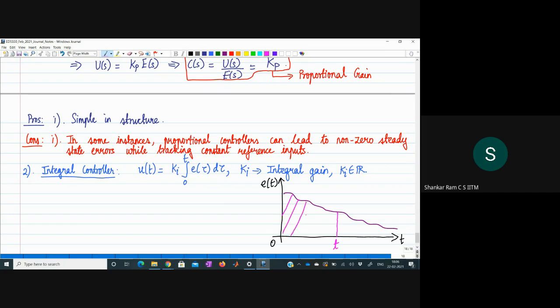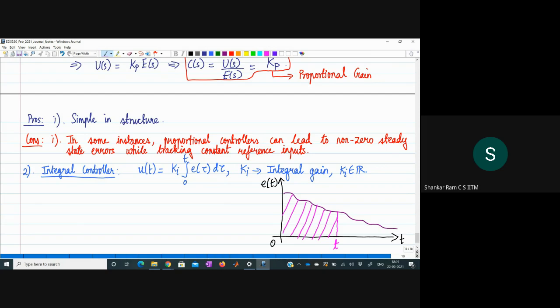Graphically, integration gives me the area under the curve, so I get this area, which one can evaluate to figure out the error that one needs to work with. So that is the notion of an integral controller.